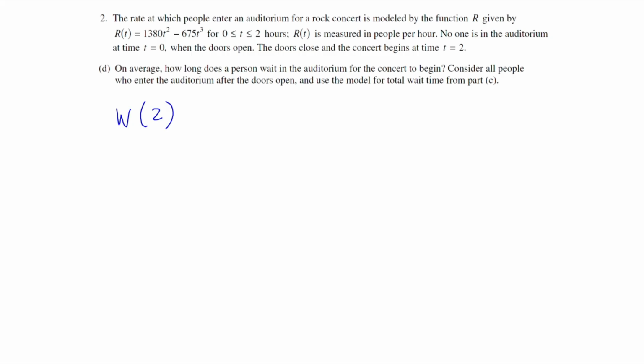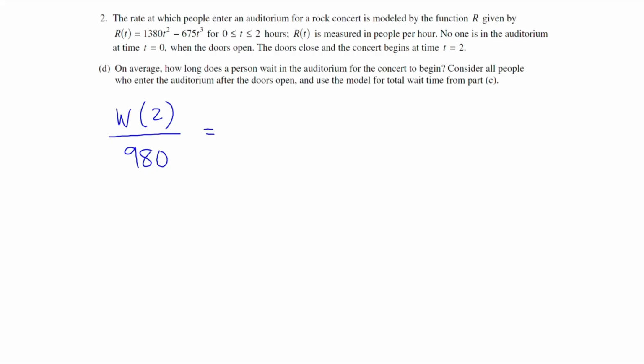And then we want to divide that by the number of people that actually went to this concert. Well, the number of people that went to the concert we found in part A, that was 980. So we're looking for W of 2 divided by 980. And so in order to find W of 2, we have to do an integral here, right?